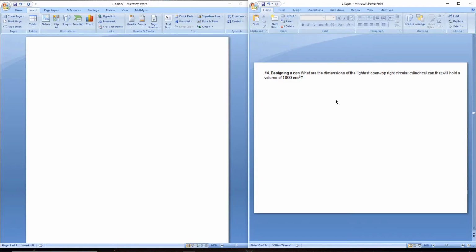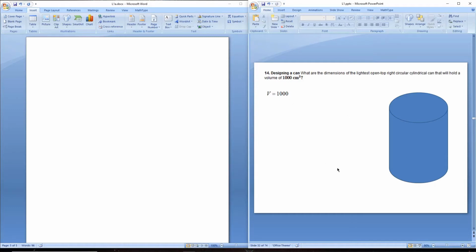So the best thing here is to draw a picture. So here's a right circular cylinder. There's no top. And we want to see if we can identify any of the information. What other information is here? Well, they're telling us the volume of this has to be 1,000.